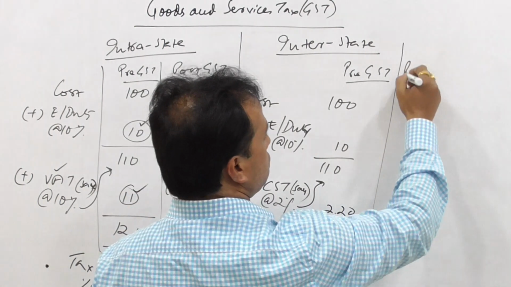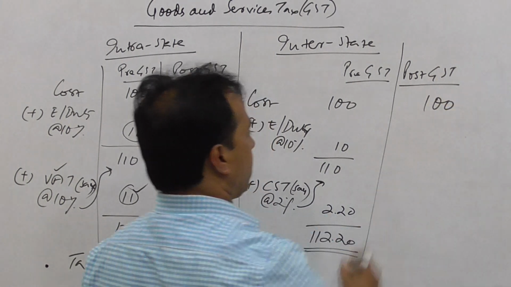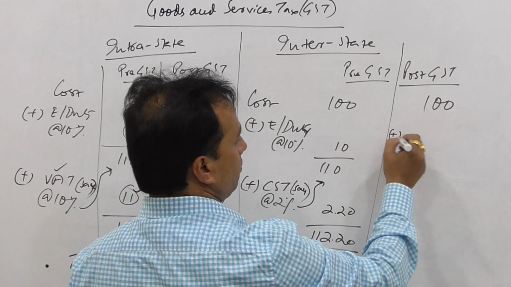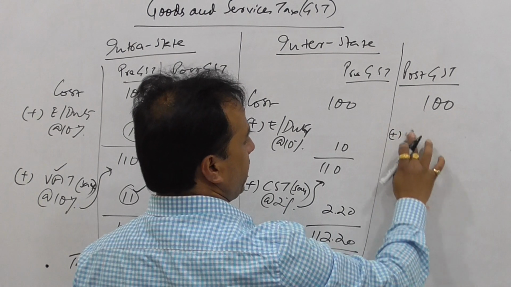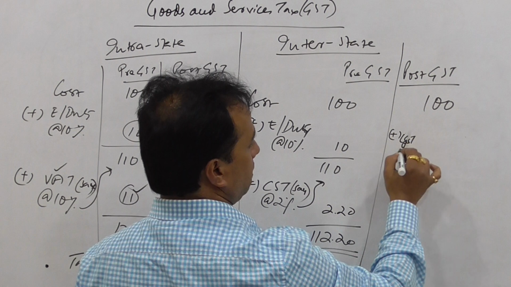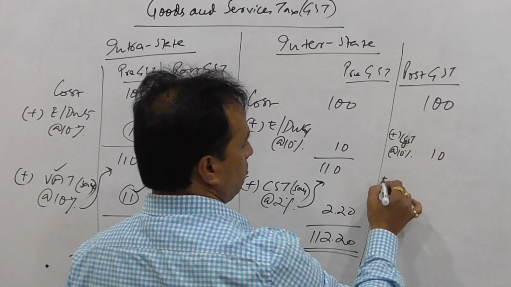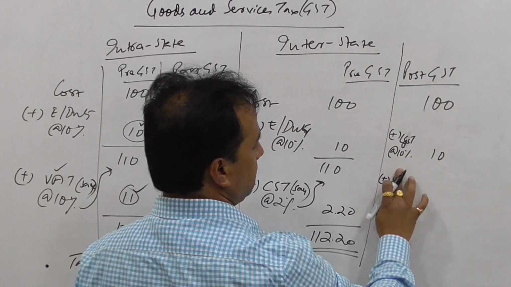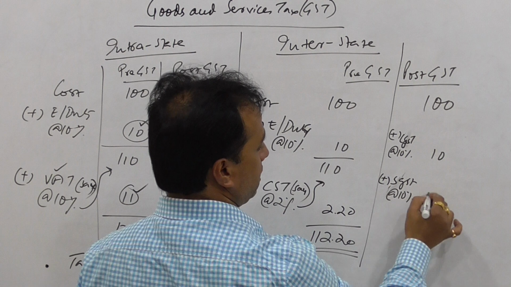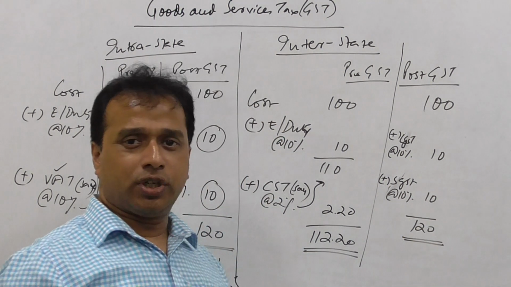Under the post-GST era, the cost is 100. The excise duty, which will be taken as CGST, right? Let's say at the rate 10% is 110, plus SGST at the rate 10% is again 10. It becomes 120. You have a question therefore.